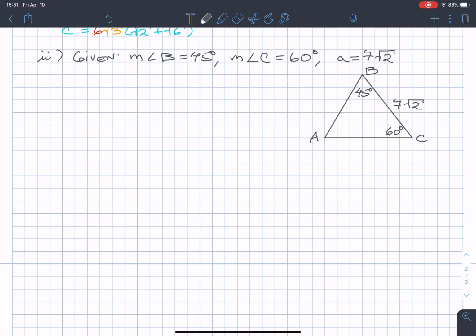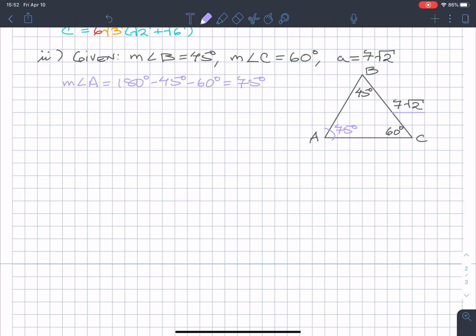Okay, so the first thing I'd like to find is the measure of angle A. Do you agree that the measure of angle A should be 180 degrees minus 45 degrees minus 60 degrees? So I claim that that's going to be 75 degrees. So the measure of angle A is 75 degrees.